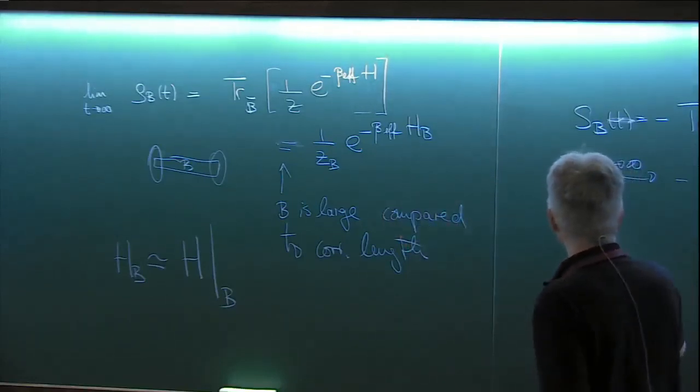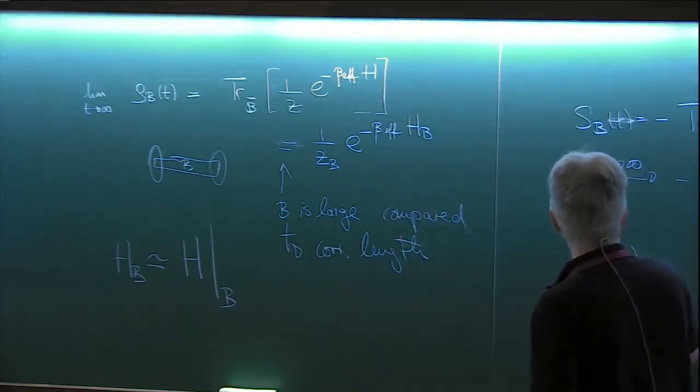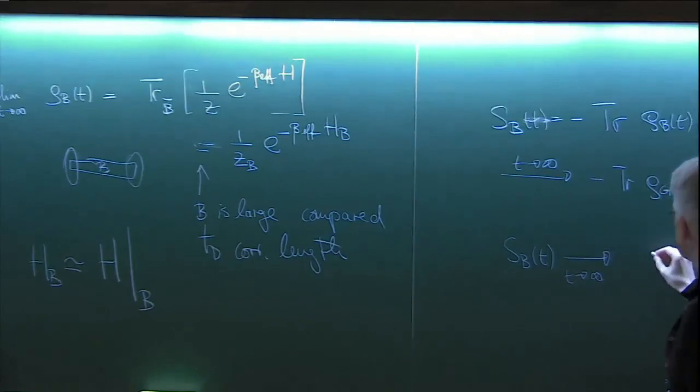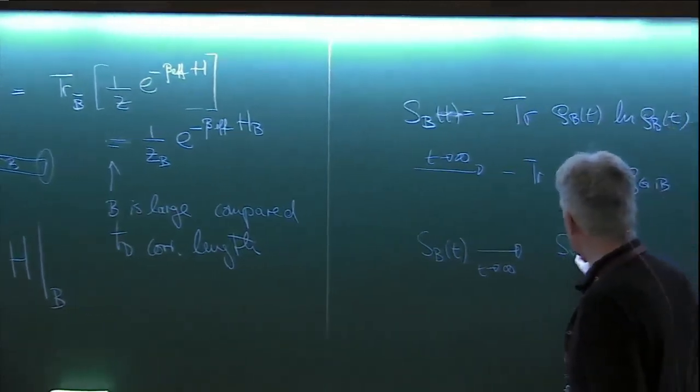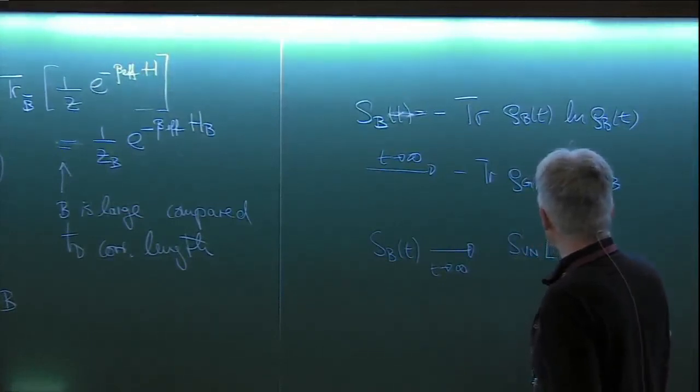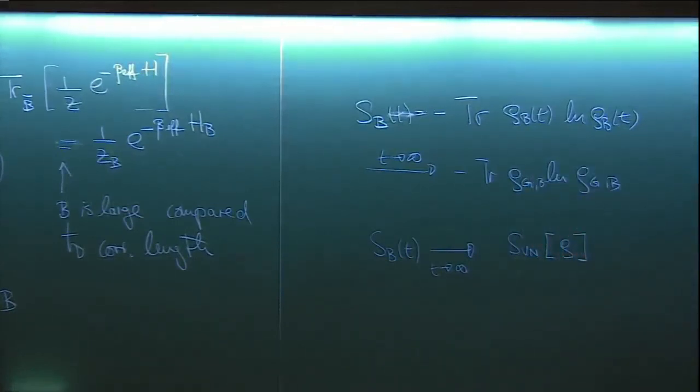So I know that S_B(t) has an infinite time limit, and this becomes the von Neumann entropy of the macro state that describes my stationary state.